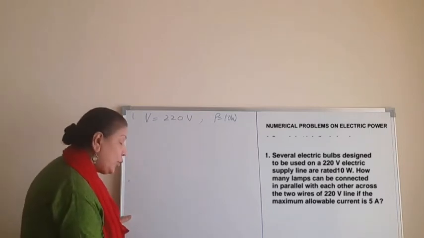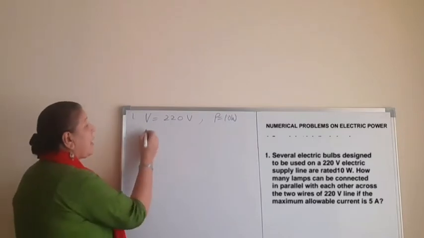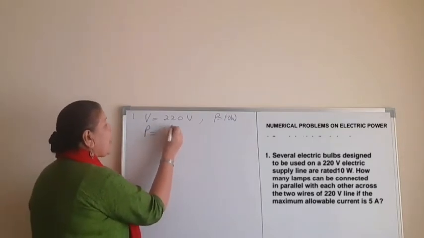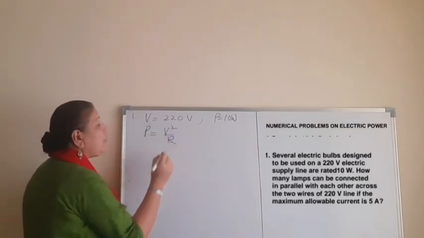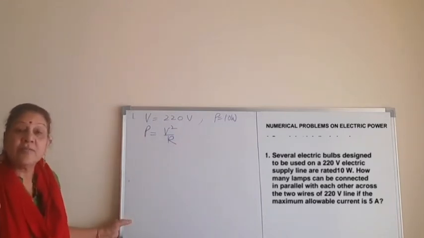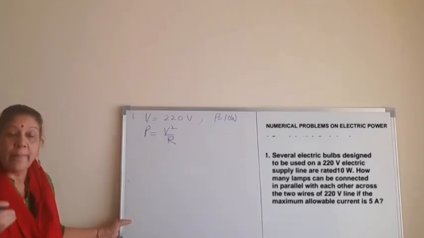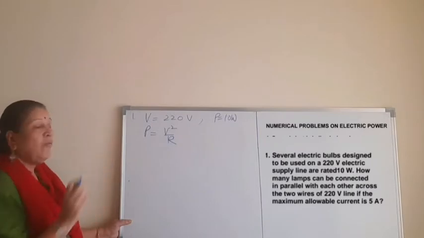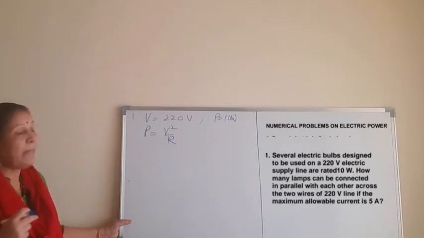So what we are going to do first, we know that P is equal to V square by R. So what we are going to find? We are going to find the resistance for each of the lamps or the bulbs here. We have the voltage, we have the power.